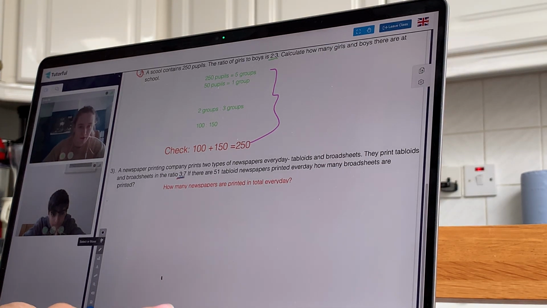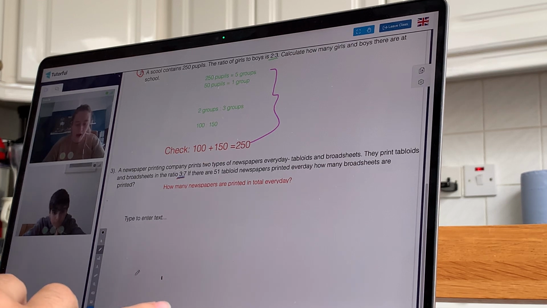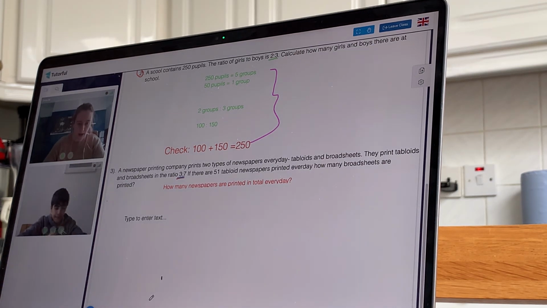So, hang on, so in the ratio 4 to 6, apples to pears is 4 to 6.